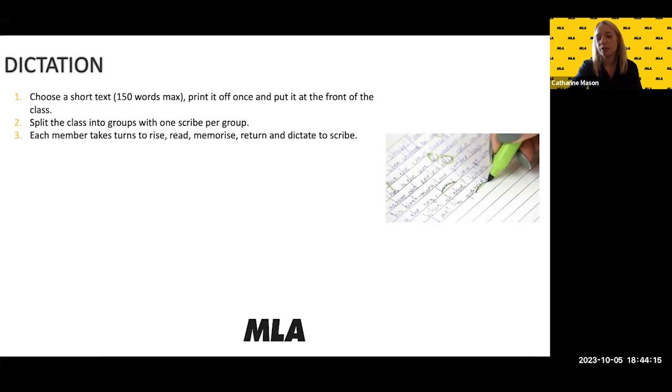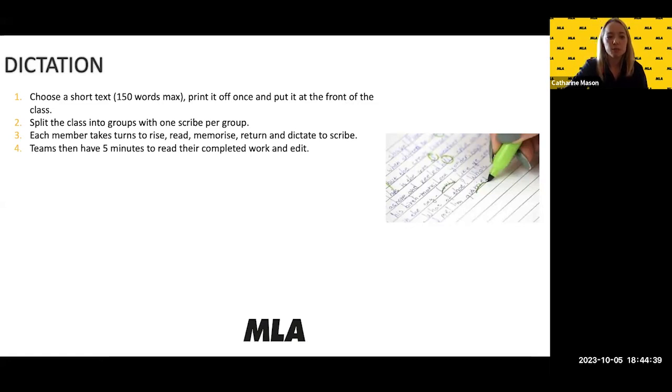Every person in the group has a turn at coming up, reading, coming back, and dictating to the scribe. Stage 3 needs to have a time limit on it. Say, for example, you give them 15 minutes. At the end of the 15 minutes, you take away the text from them.